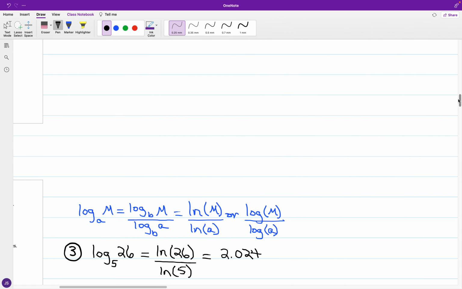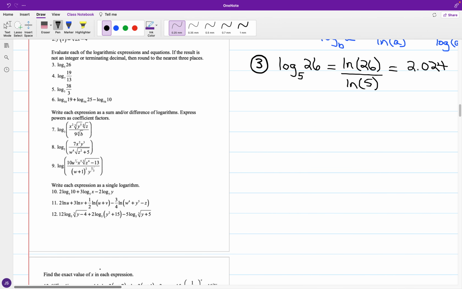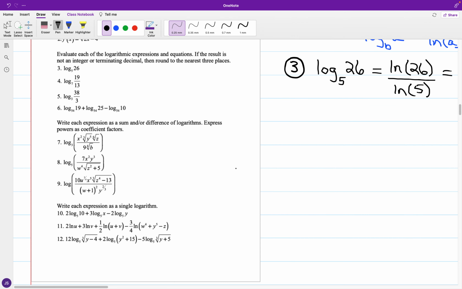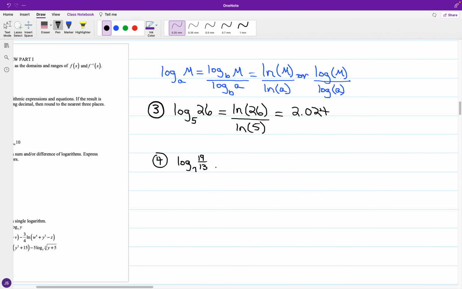And for the next item, number 4, we have the base 7 logarithm of a fraction, 19/13. Here we can say that m is represented by 19/13, a by 7.